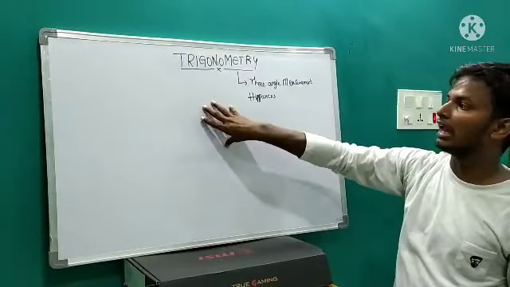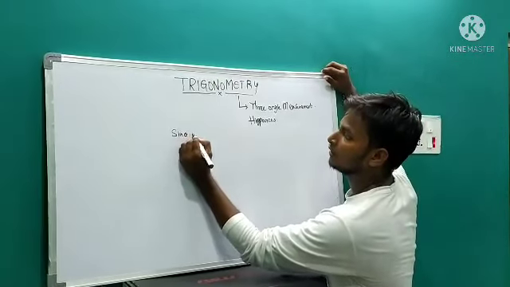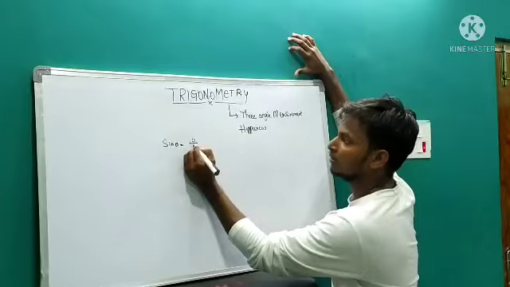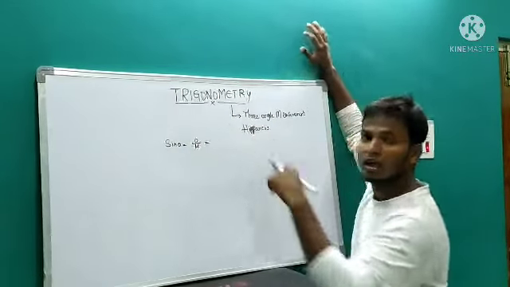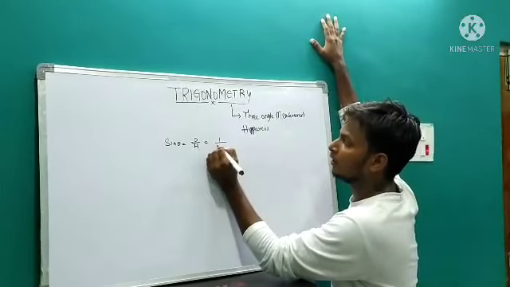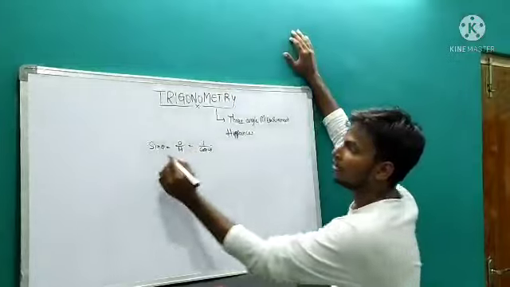Let's take a short glance at all the formulas. What is the formula of sin theta? Opposite by hypotenuse. Another formula of sin theta is 1 by cosecant theta. What is the formula of cos theta?